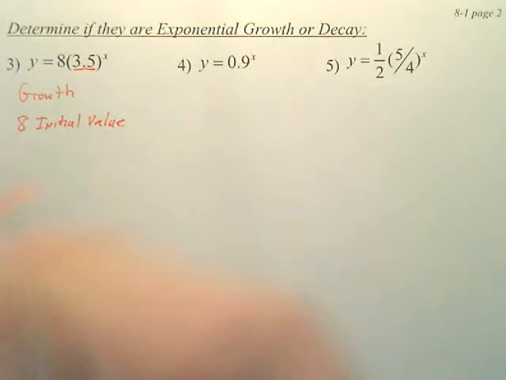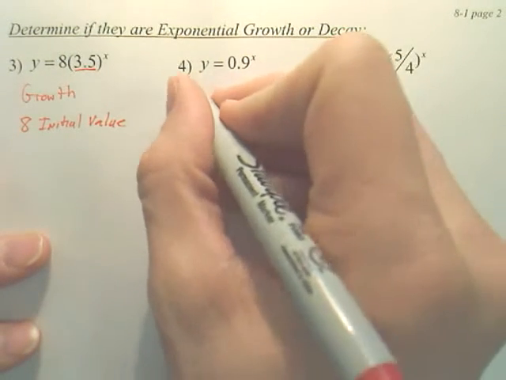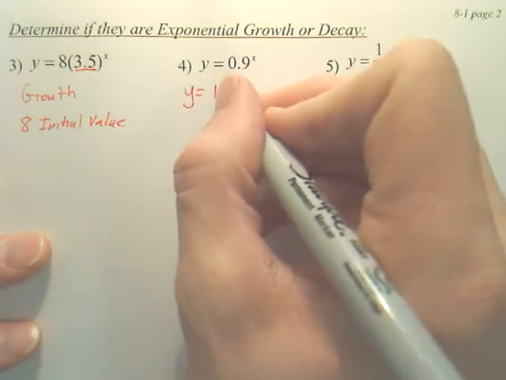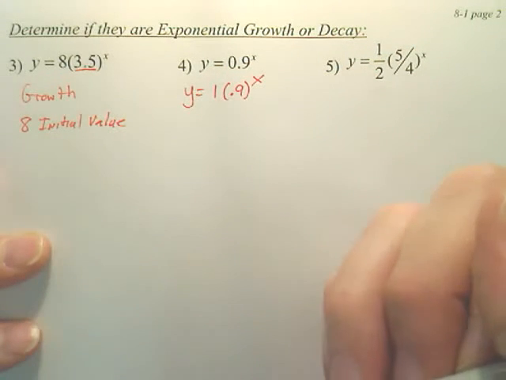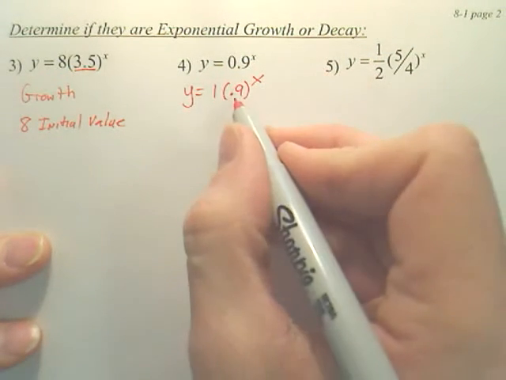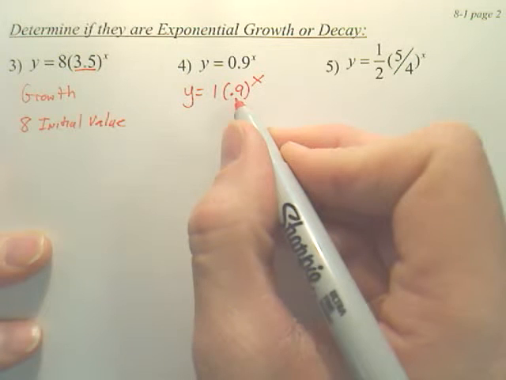Okay. For number 4, you got to think if that's a growth or decay. Now, this one you might want to rewrite as follows. Now, is that a growth or decay? Is that greater than 1 or less than 1?